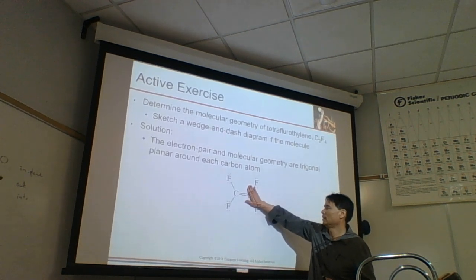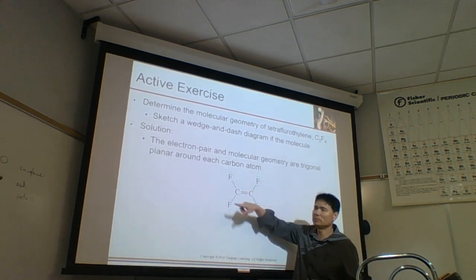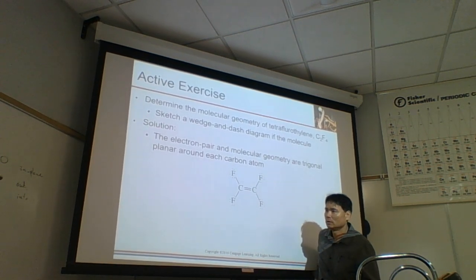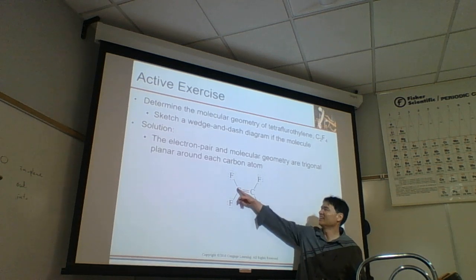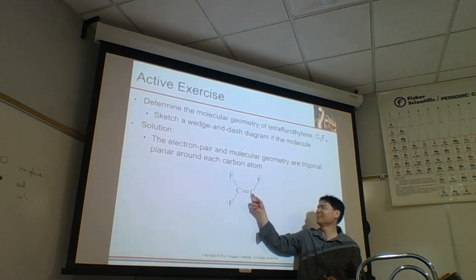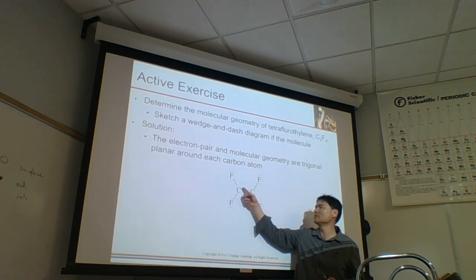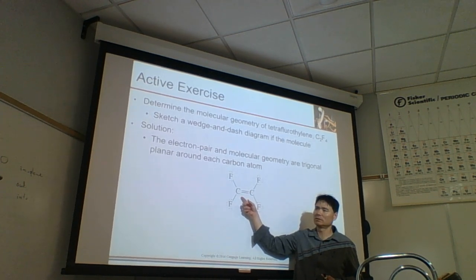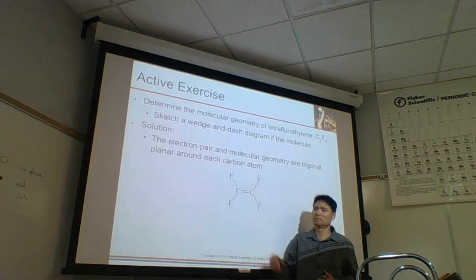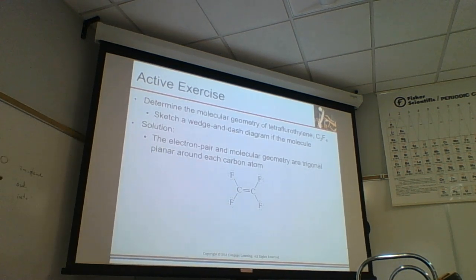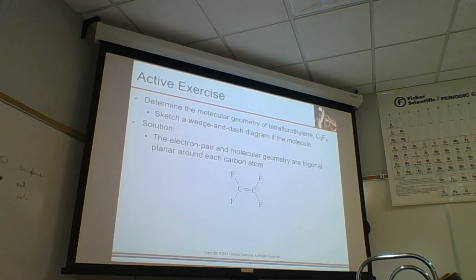Now, if we have 3 groups, what is its EPG? Okay, and then we have these 3 bonded atoms, so when we draw the Mg, what is the Mg for this? And so this is basically what I do when I'm analyzing these.